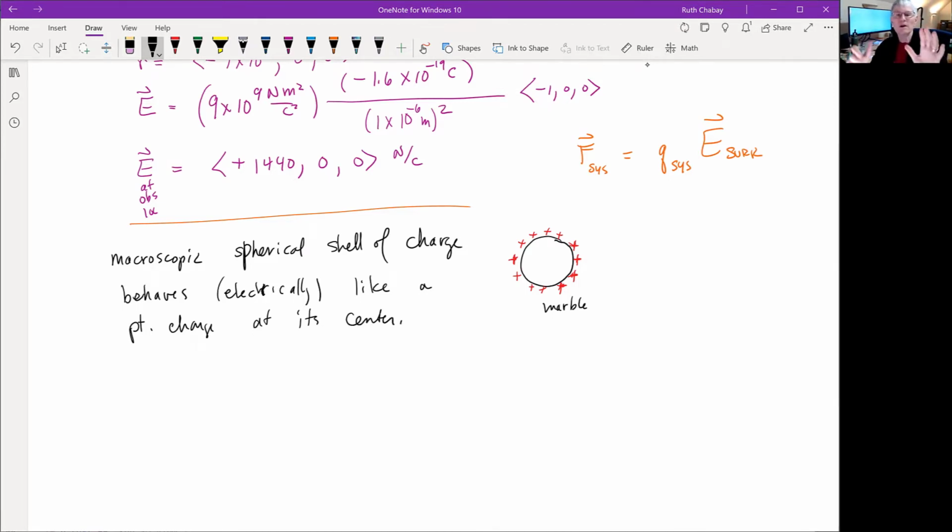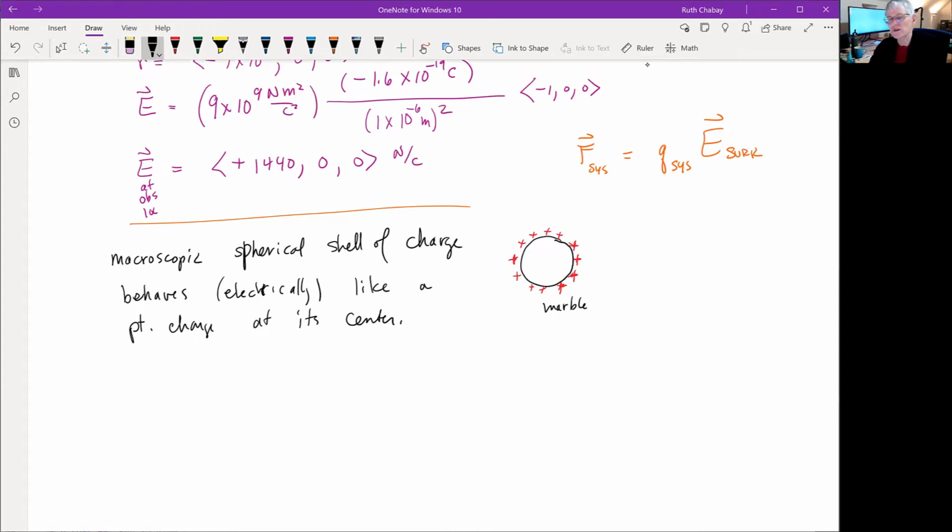So if, Superman, you had this charged marble because you'd rubbed it on a silk handkerchief. You rubbed a glass marble on a silk handkerchief. It's got a positive charge uniformly distributed all over it. And we'll talk about how that can happen in chapter 14.